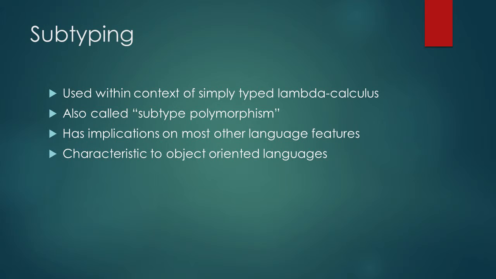So in previous chapters, Peirce set up the syntax for arithmetic expressions being constant true, constant false, conditional, constant zero, successor, predecessor, and then the test for zero, is zero. Conditionals, of course, were set up via if, then, else.